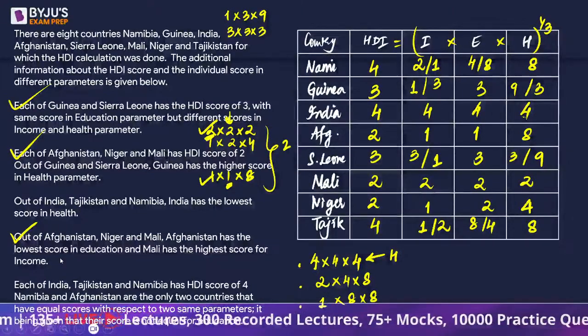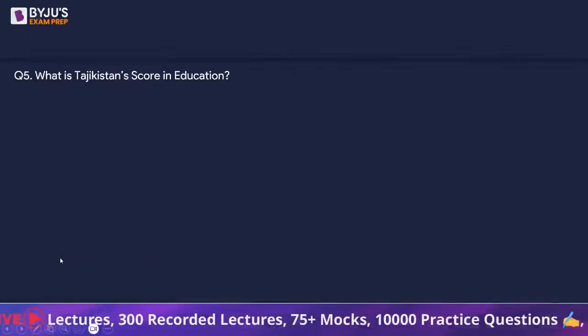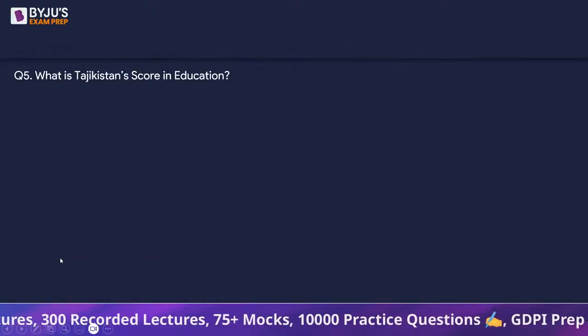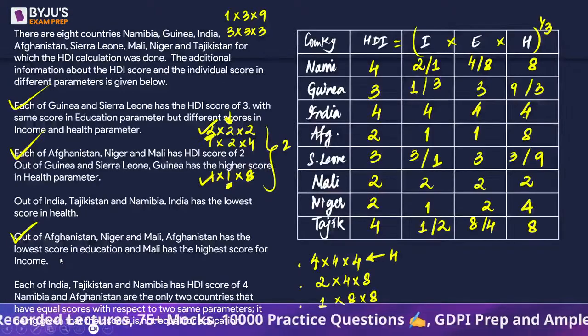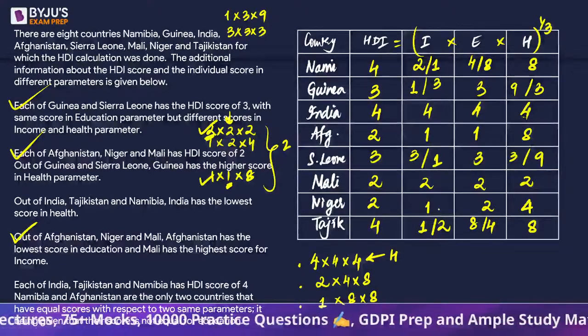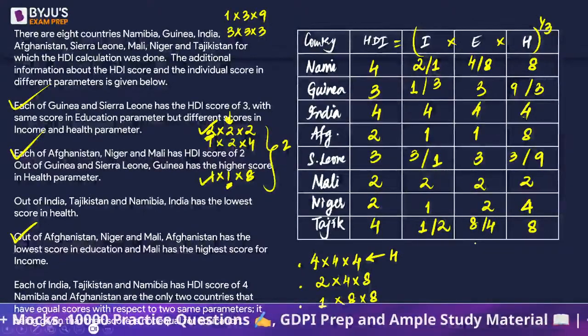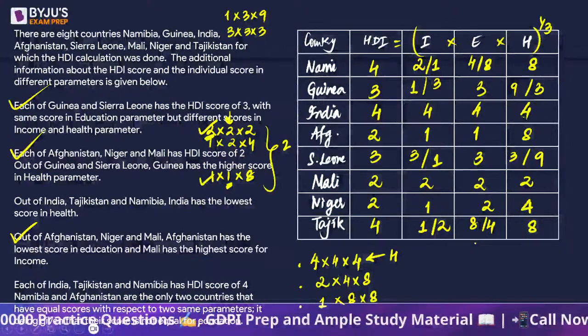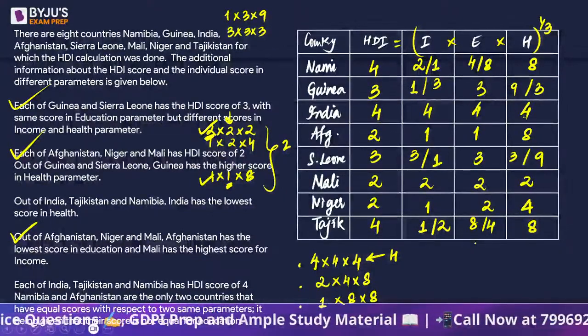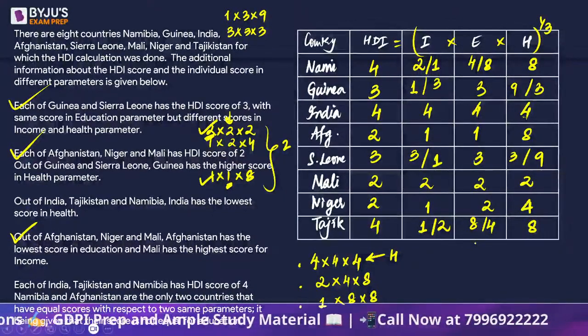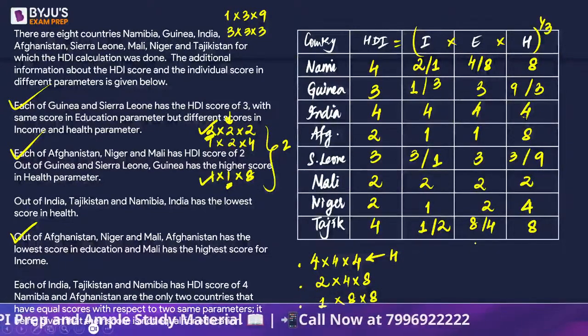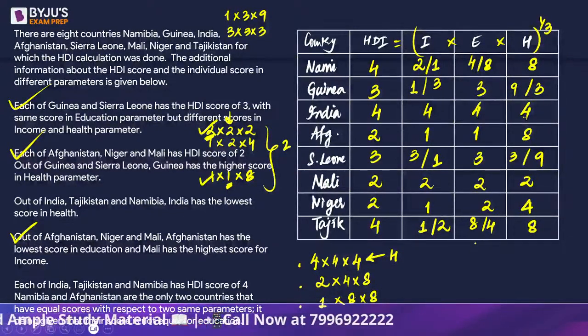Okay, what are we missing? Because if you look at the first question, the question is what is Tajikistan's score in education? And it's a data sufficiency question. So for Tajikistan's score in education, we need to have a unique value and not 8 or 4. And this is possibility nahi chahiye. India has the lowest score in health, which is obviously 4.